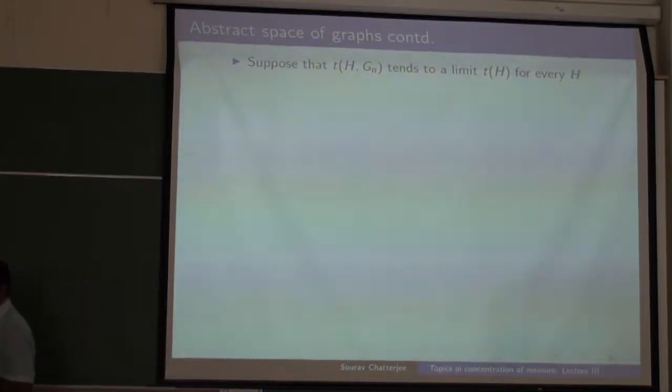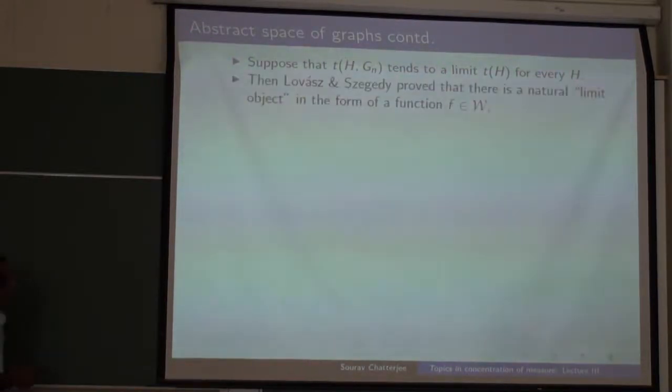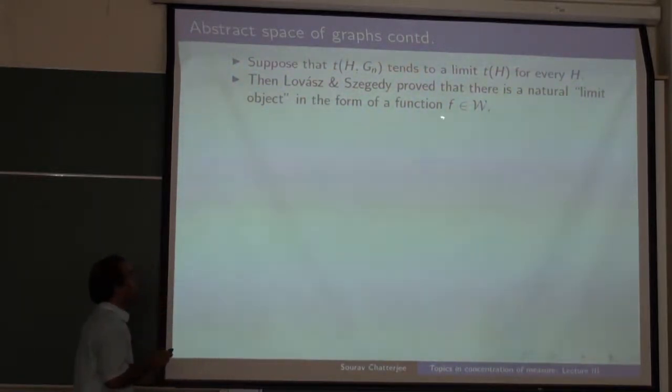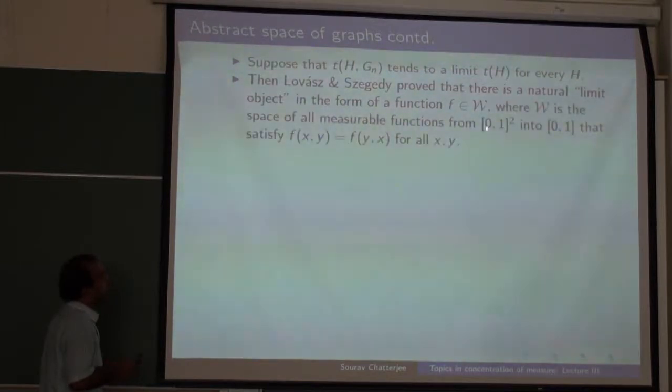What Lovász and Szegedy did is that they defined this collection of numbers as a limit of the graph sequence, in some sense. They proved that there is a natural limit object in this situation. If this happens, then these graphs converge to a limit. There is a limit object in the form of a function f in the script W, where W is the space of all measurable functions from the unit square into [0,1] that are symmetric.